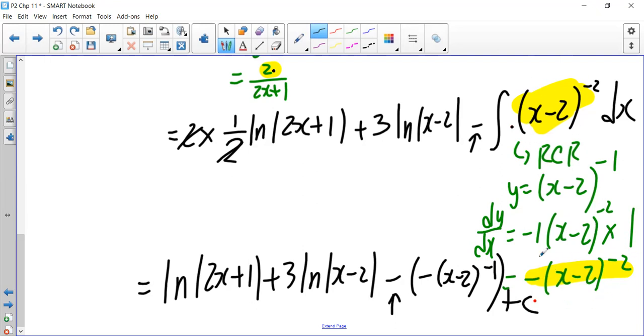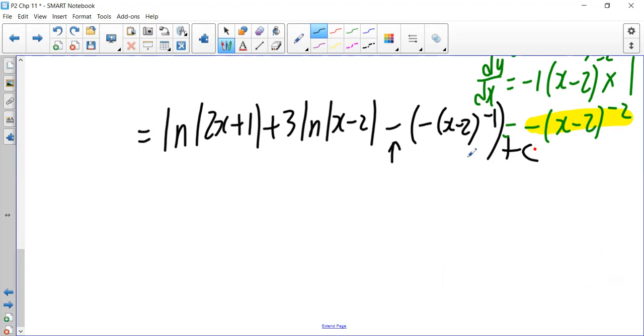There was no minus, so the answer will have to be the negative of the y function, the negative of (x minus 2) to the power of minus 1. What about this minus? This minus was from the outside. So we compartmentalize what we're doing in here. The minus has nothing to do with it, so we'll leave it outside. Put a bracket. There was a minus in there, so when we integrate, it's minus.